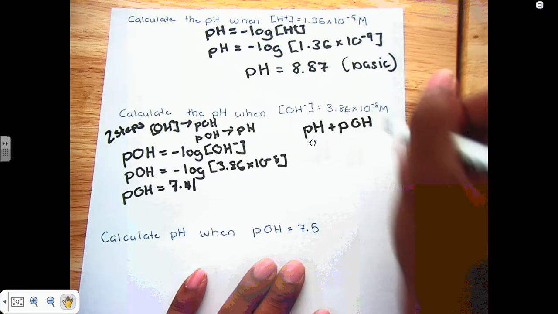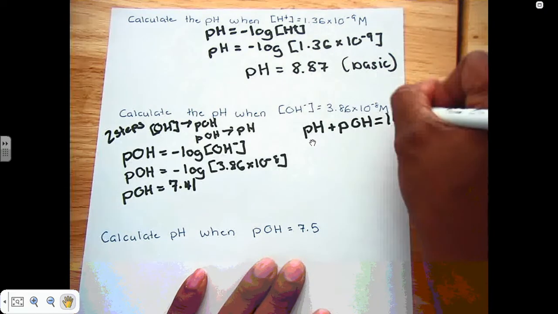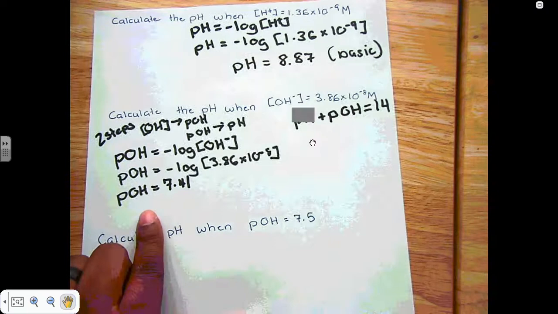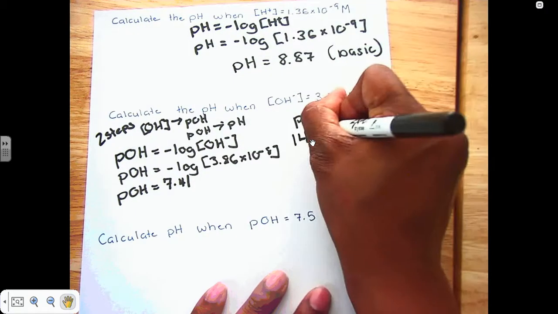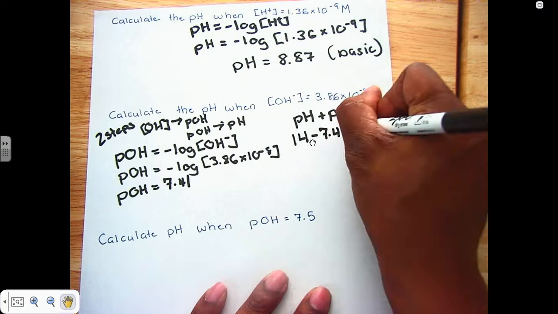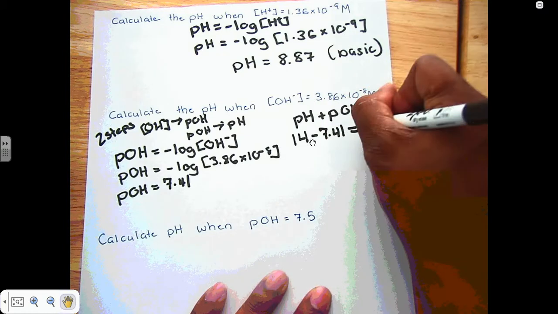Well, if my pOH is 7.41, I pull on the second part of this, which says that pH plus pOH equals 14. So that means that if I already know my pOH, I should be able to just take 14, subtract 7.41, and that'll give me my pH.